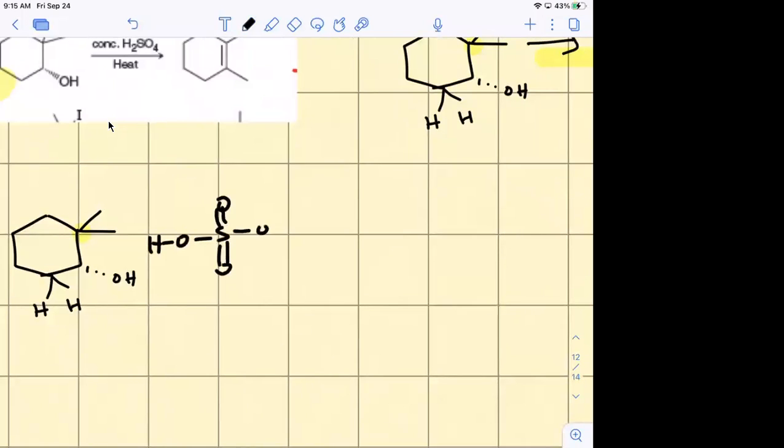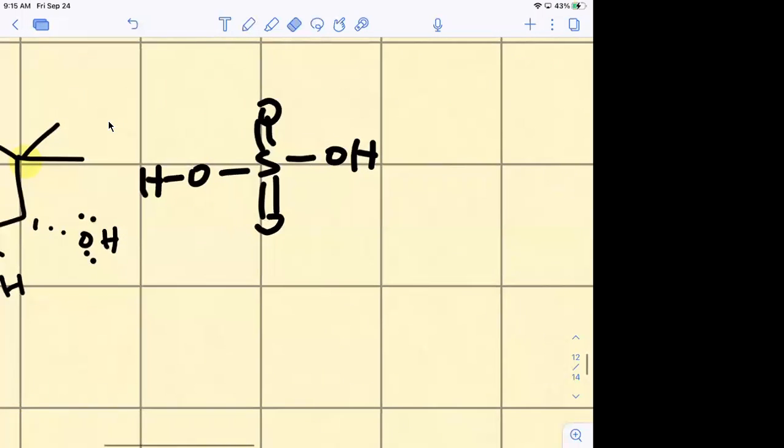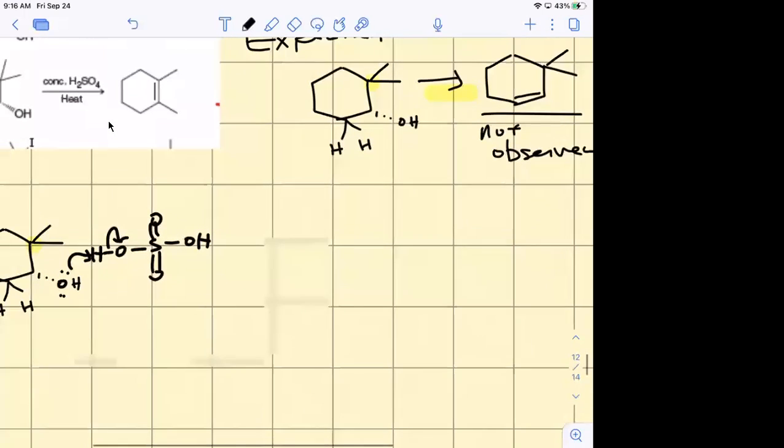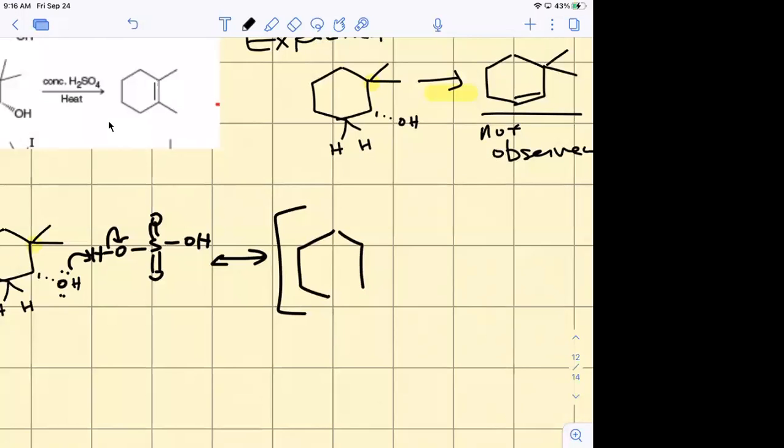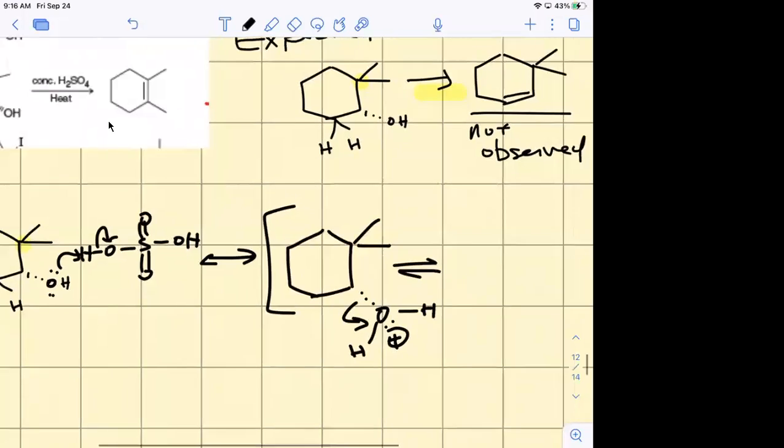No. Right, you're going to do proton transfer here, like so. And then you're going to get to the intermediate hydronium ion, which is going to lose water as the leaving group. Nothing changes.